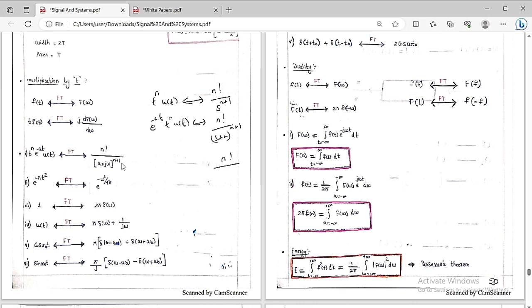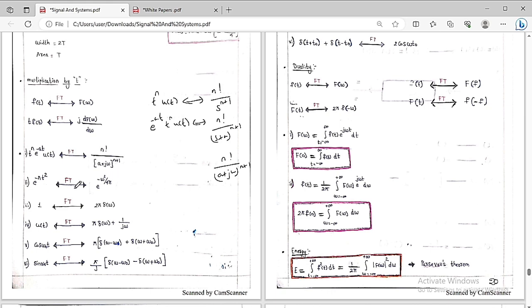So n factorial by a plus j omega whole to the power of n plus 1. Same formula. So e to the power of minus at into t to the power of n u of t gives the Laplace transform with s replaced by s plus a. But we want the Fourier transform, right? So in place of s substitute j omega, and we are going to get the Fourier transform. So now e to the power of minus pi t square.